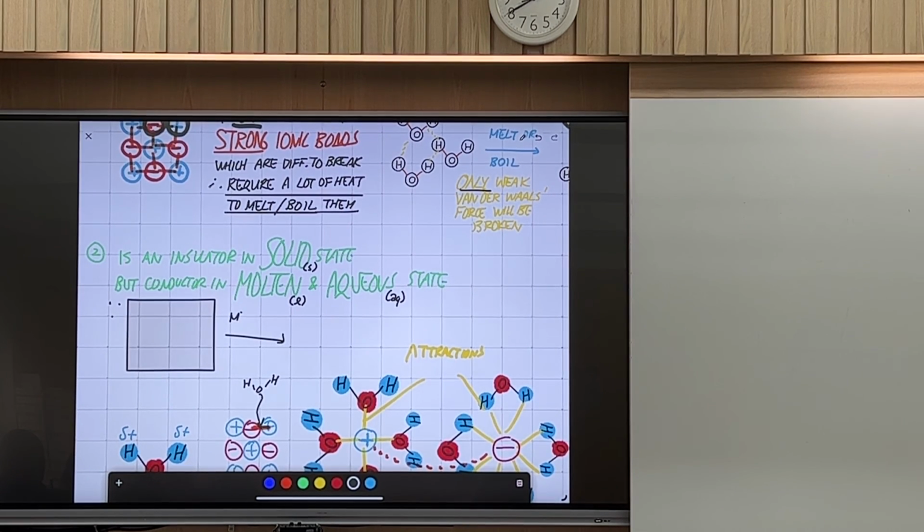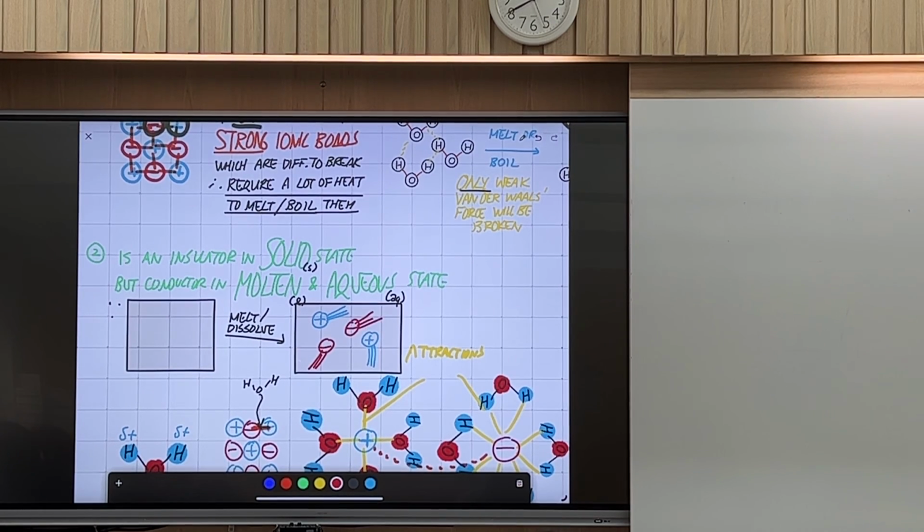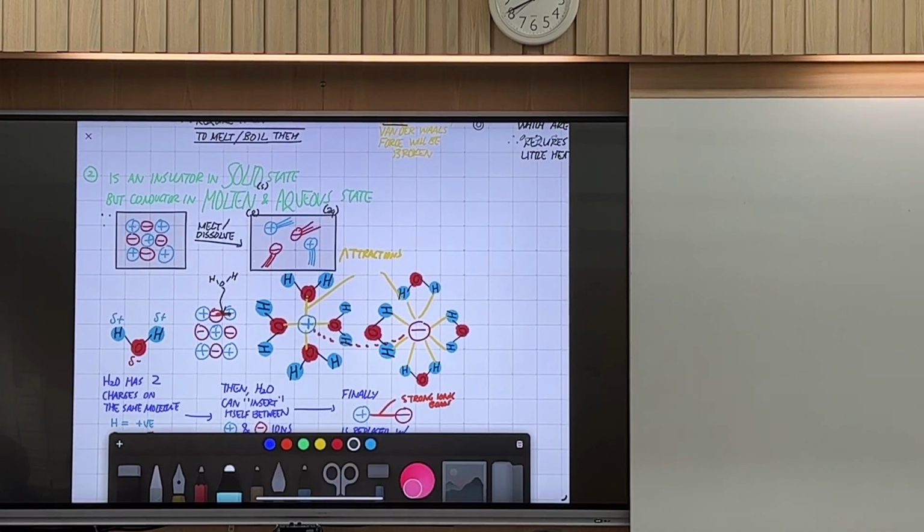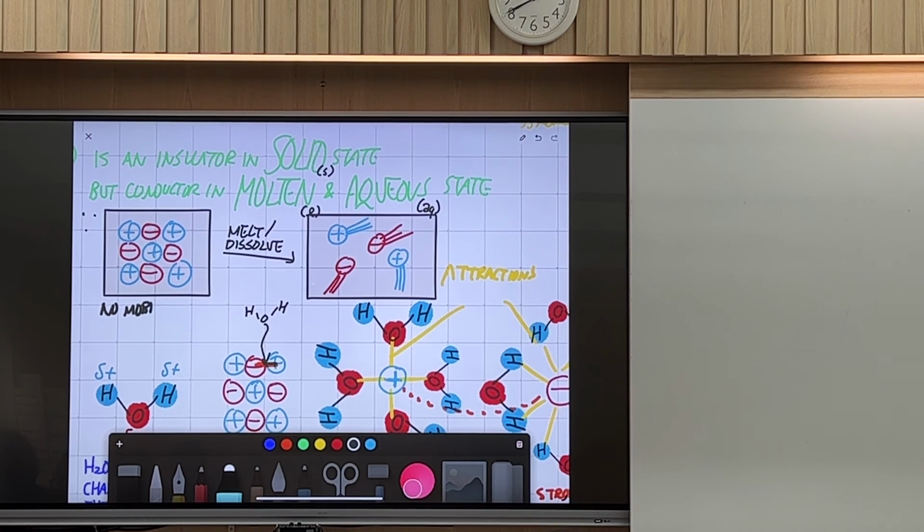But when you melt or dissolve the ionic compound in water, you will get to a state with mobile ions. So use the word mobile ions in the exam. From not having mobile ions in a solid state to having mobile ions in molten or aqueous states, this is what makes them conductive. So write down: no mobile ions in solid state, but have mobile ions in molten and aqueous.